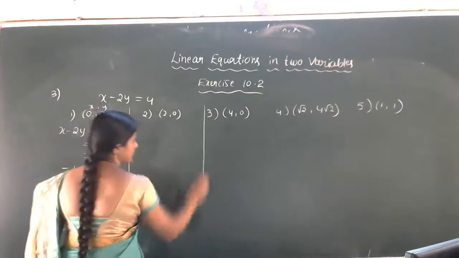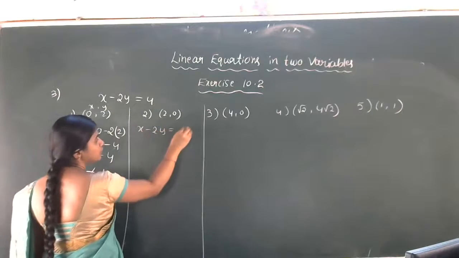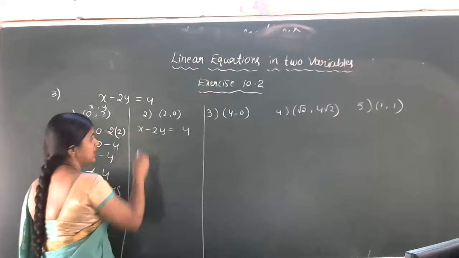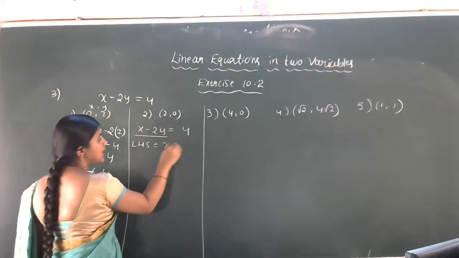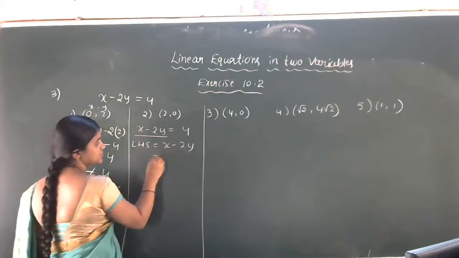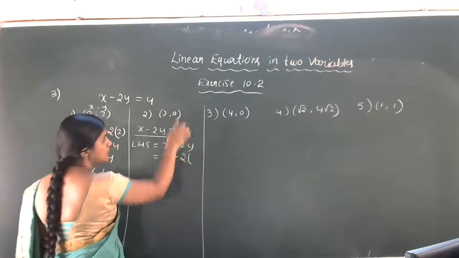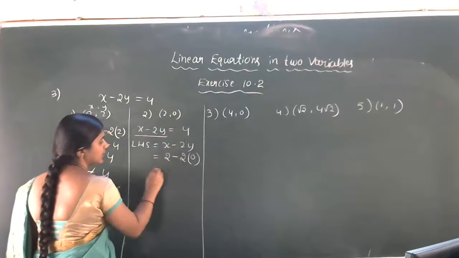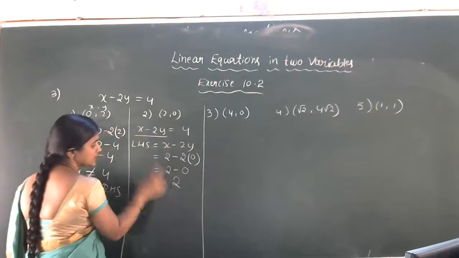Now we have to check the second one, that is, x minus 2y is equal to 4. For the same equation we have to check. First we have to deal with the LHS. LHS is equal to x minus 2y. The x value is 2, minus 2 into the y value 0. Then 2 minus 0 is equal to 2. LHS is equal to 2.